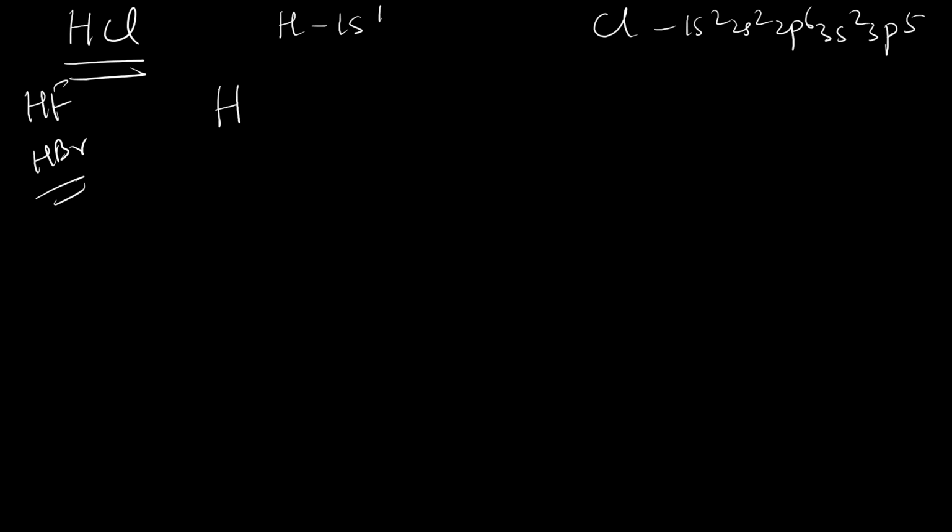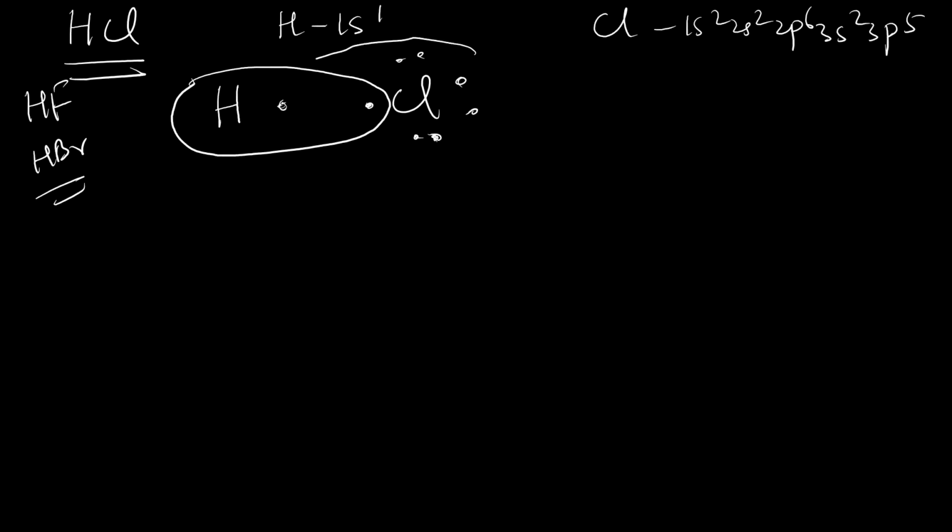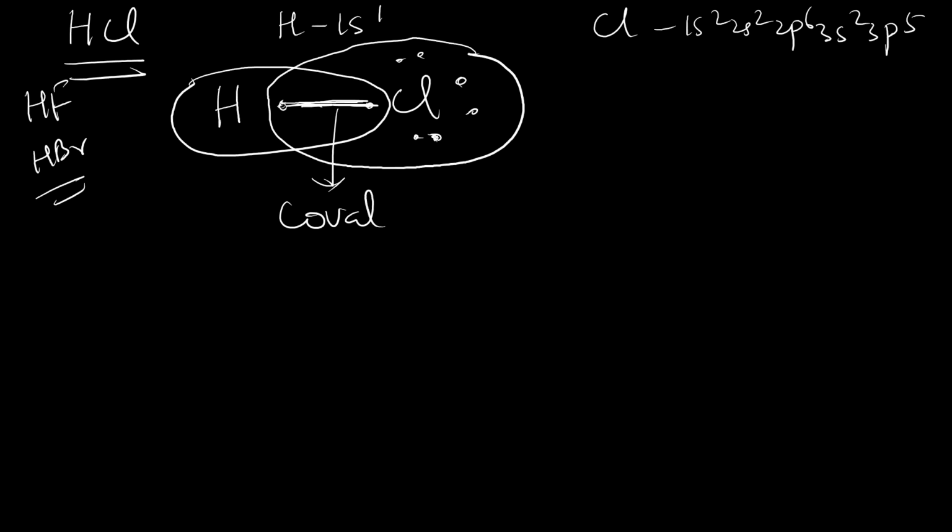Hydrogen has 1 electron and chlorine has 7 electrons in its valence shell. Hydrogen needs to complete its duplet, so it will share 1 electron with chlorine. Similarly, chlorine needs 1 more electron to complete its octet, so it has completed its octet. So this bond between hydrogen and chlorine is known as a covalent bond.